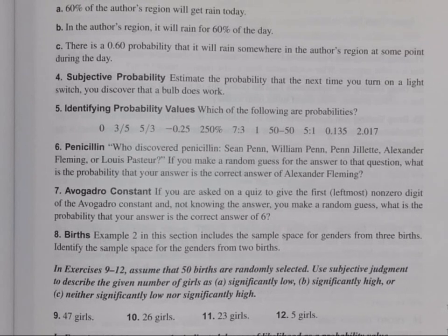All right, so estimate the probability that the next time you turn on the light switch, you'll discover that the bulb does not work. What's your best guess? Do you think it's a 90% chance that the bulb doesn't work? I'm saying it's 50/50. How often do bulbs fail? Do they fail often? Do they fail 90% of the time?